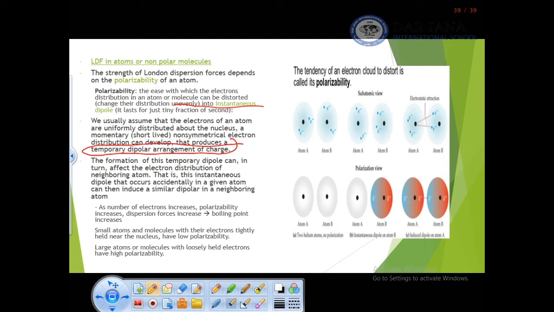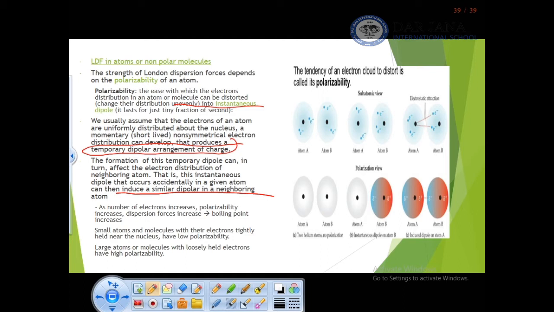The formation of this temporary dipole can in turn affect the electron distribution of a neighboring atom. So a dipole that occurs accidentally in a given atom can induce a similar dipole in a neighboring atom.